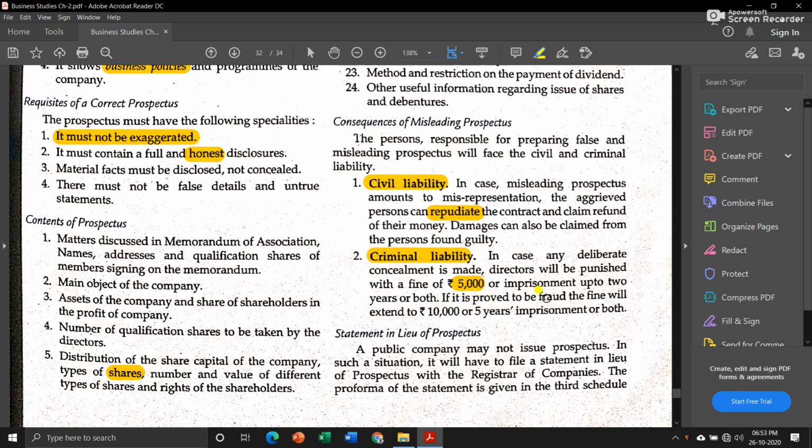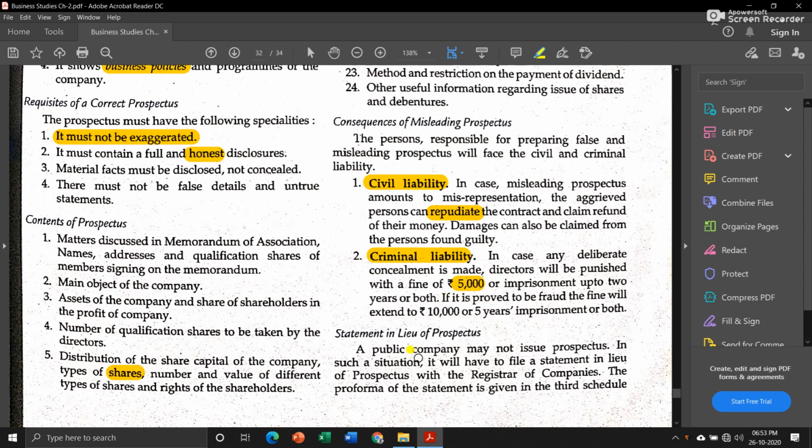If it is proved to be fraud, the fine will extend to 10,000 or 5 years of imprisonment, or both. But if after investigation it is proved that it was fraud from the director's side, then he will have to pay 10,000 or he will get 5 years of imprisonment.